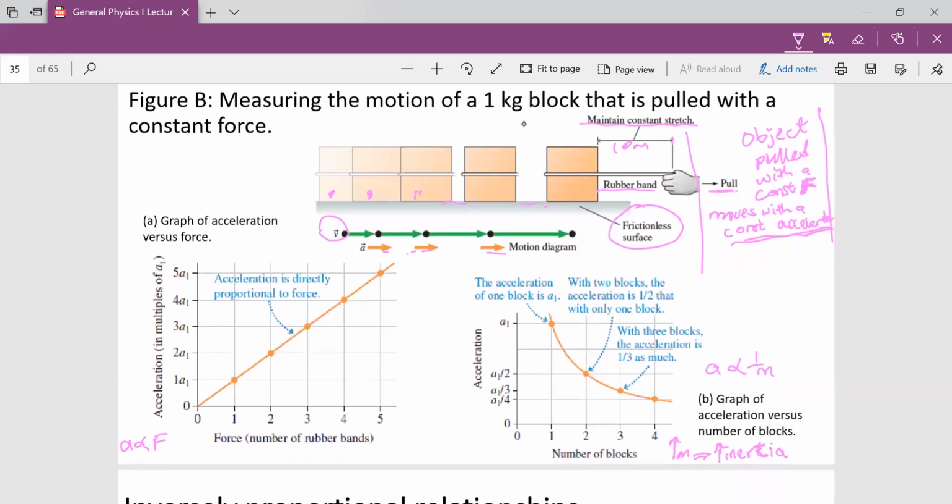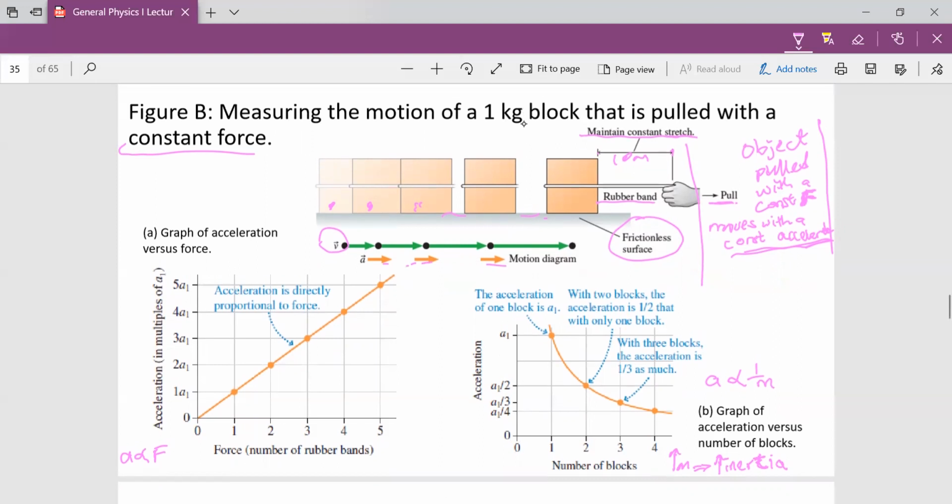Now, having understood this about the pull of an object with constant force, they went further to establish some other scientific standards that we use today or apply in our everyday life or production chain in so many industries.